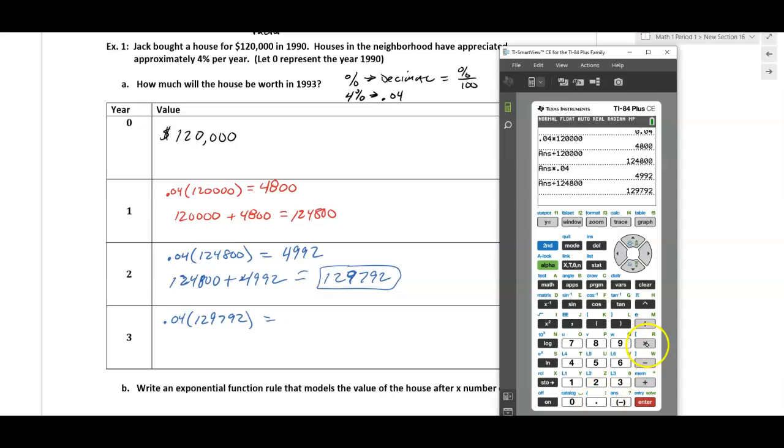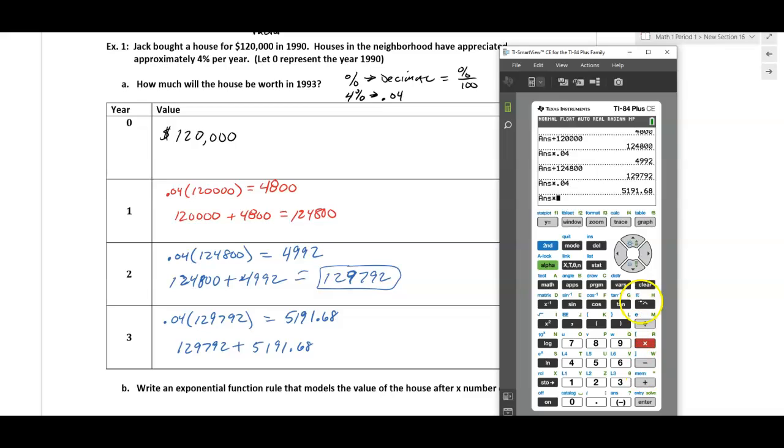So this times 0.04 will give you $5,191.68. So now the value after 3 years would be the $129,792 plus the $5,191.68.